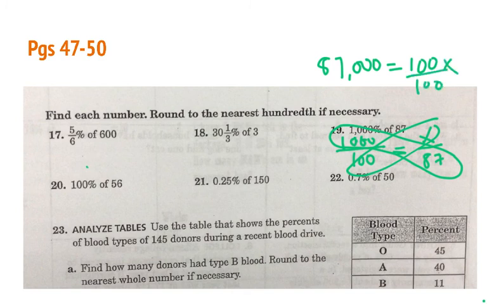Divide by 100, divide by 100, right? That cancels out 2 of our zeros. So we would be left with 870 over 1, or 870. So x would equal 870. That basically means 870 is 1,000% of 87.